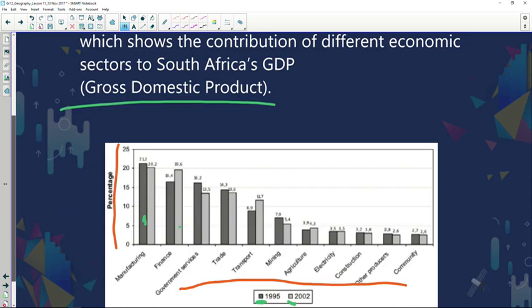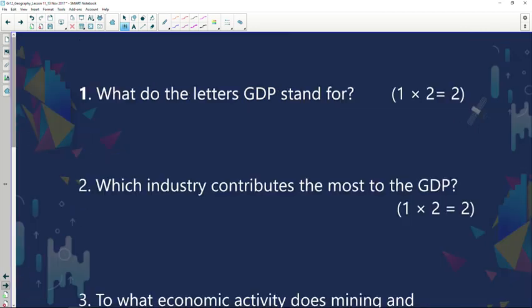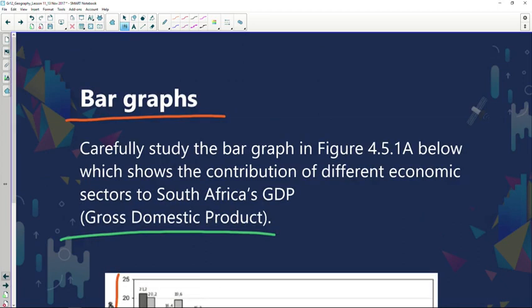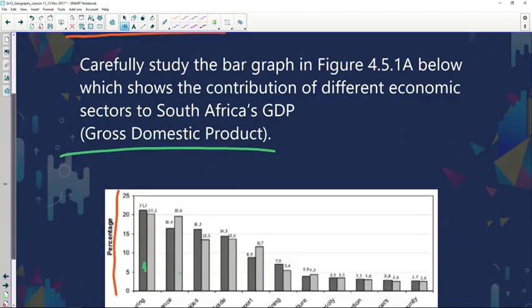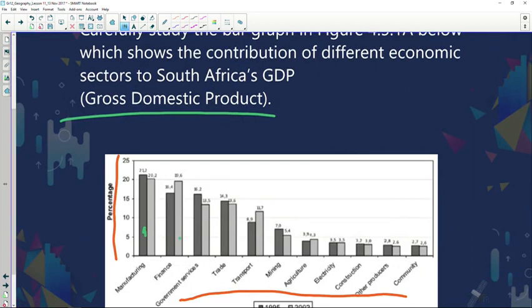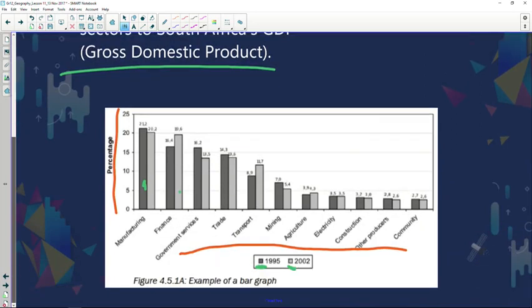Now if we look at the question again, which one contributes the most to the GDP? As you can see over there, definitely manufacturing by 21.2% during 1995, and in 2002, 20.2%.